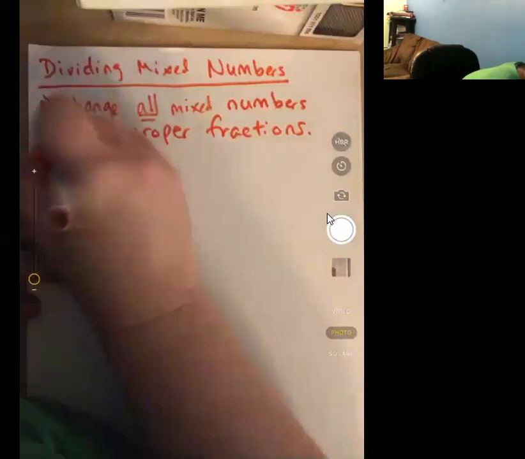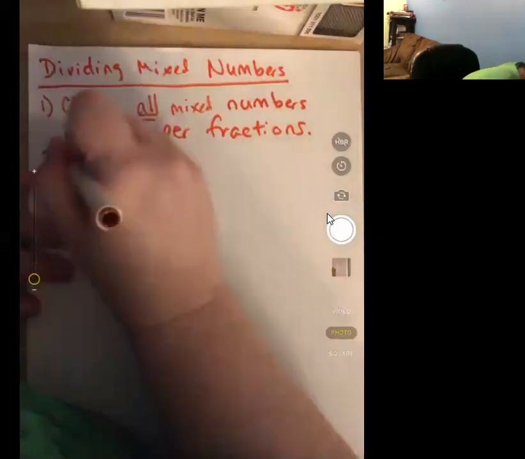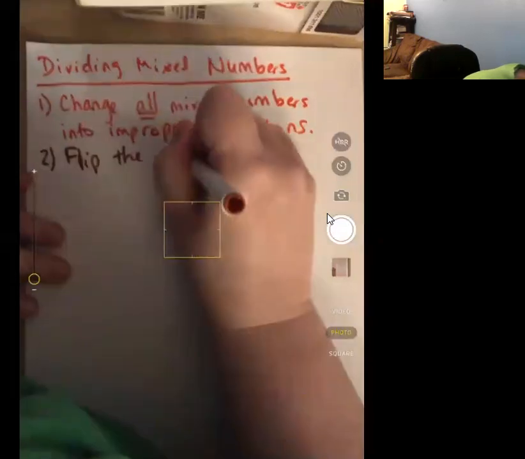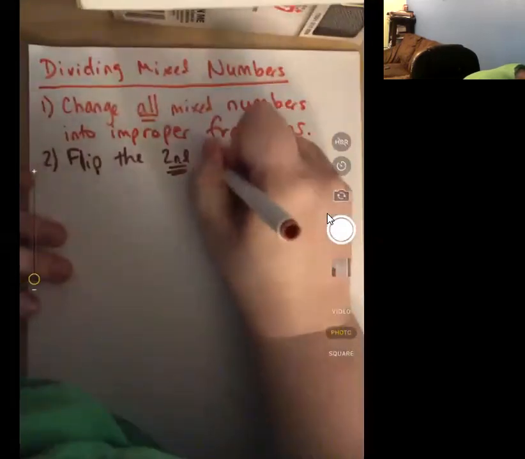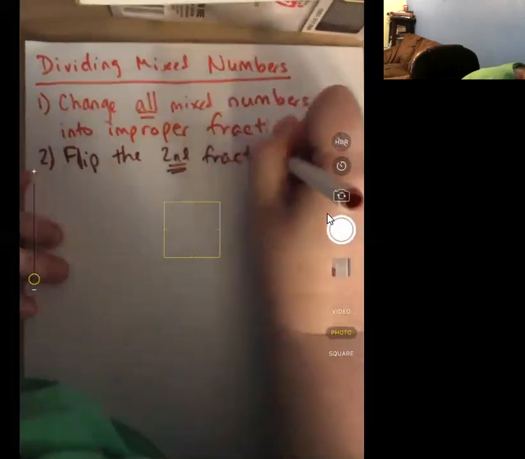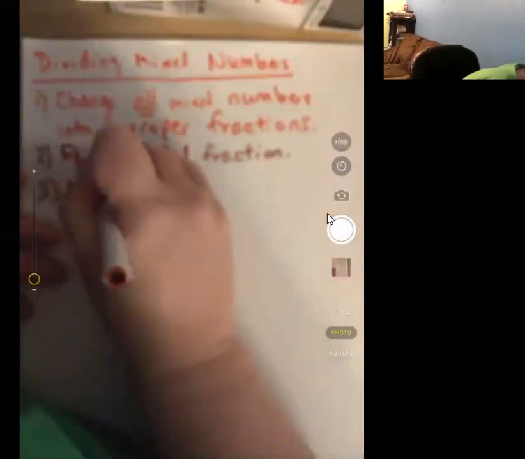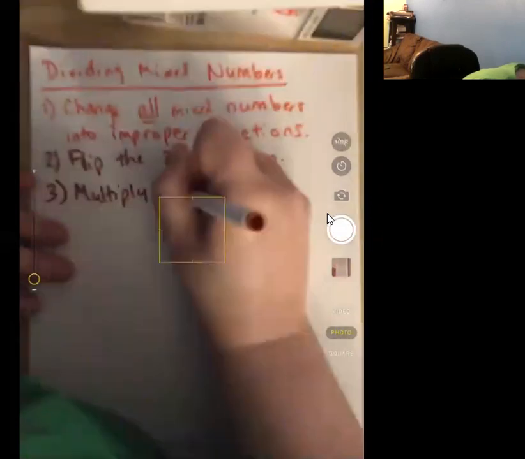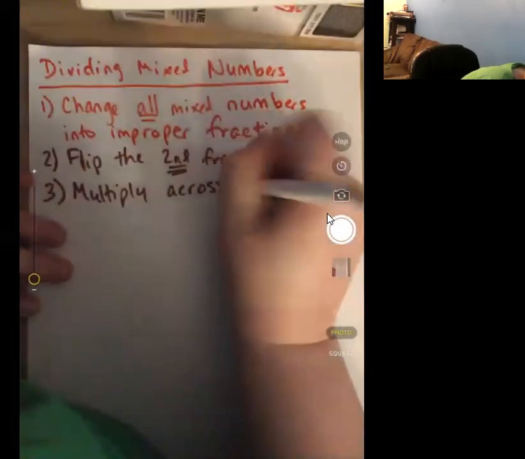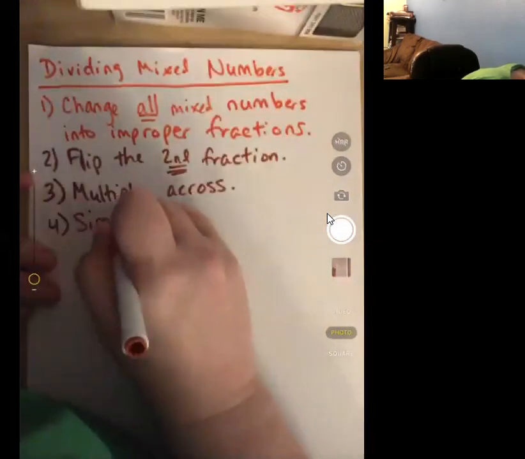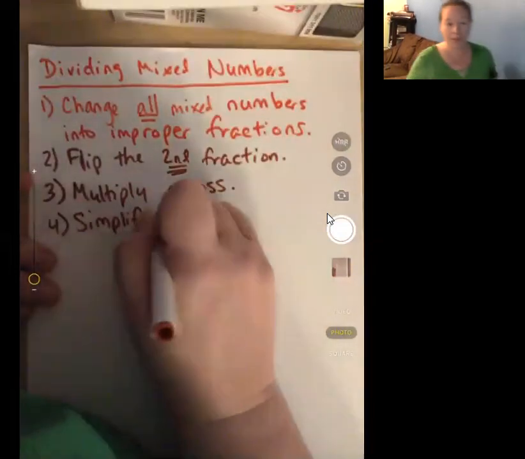So number 2 is flip the second fraction. Number 3 is multiply across. And number 4 is simplify. Okay?